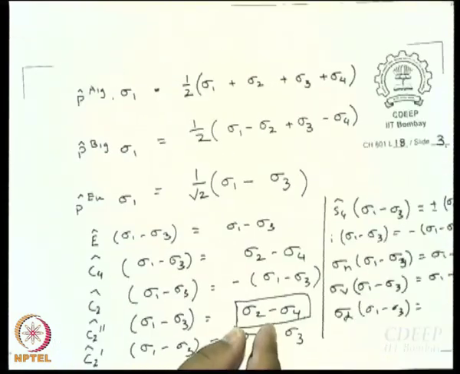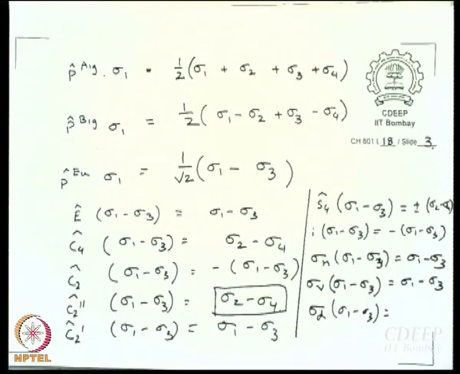what is it called? SALC. And it is the second SALC which has the EU symmetry. Okay? What is the property that has to be satisfied for it to have EU symmetry? You take sigma 1 minus sigma 3 and sigma 2 minus sigma 4. We just worked out all the symmetry operations.